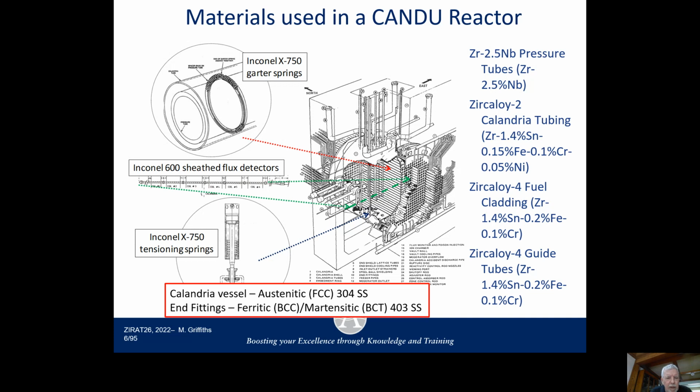CANDU is a heavy water reactor. It contains hundreds of fuel channels. These are pressure tubes which go through the core of the reactor. And to a large extent, most of the internals inside a CANDU reactor are made from zirconium alloys.